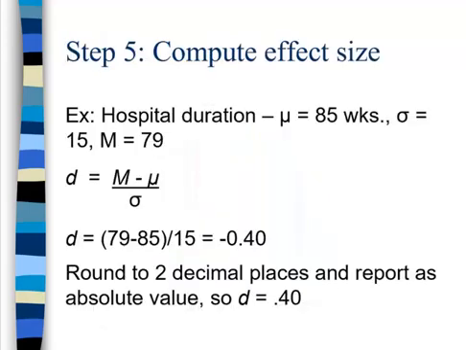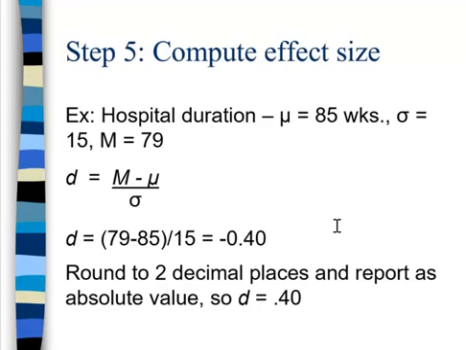And now that we've rejected the null, we need to compute the effect size, right? Which is nothing more than our sample mean minus the population mean divided by the population standard deviation. So 79 minus 85 divided by 15 is going to give us a Cohen's d of negative 0.40. But remember, round to 2 decimal places and report that as an absolute value.